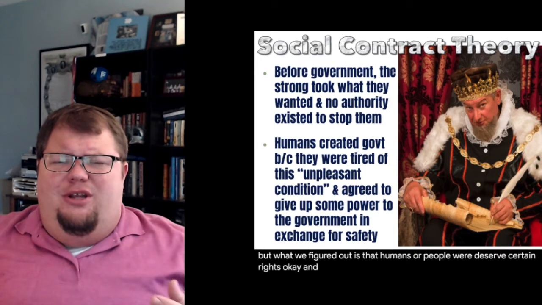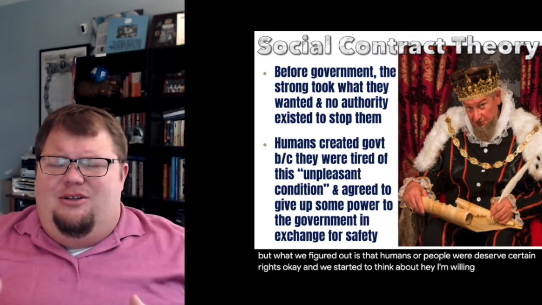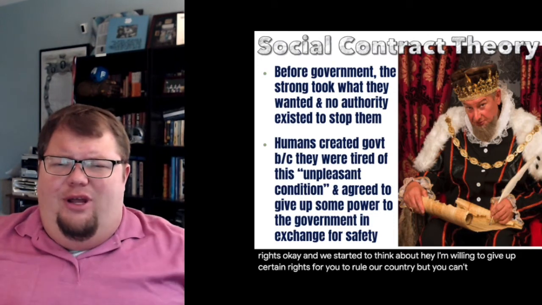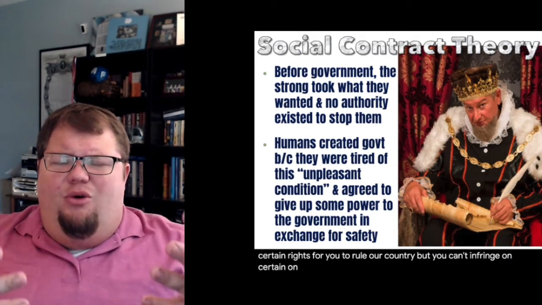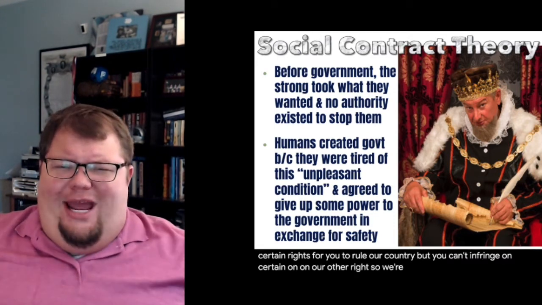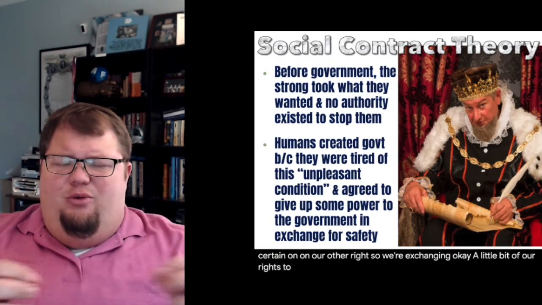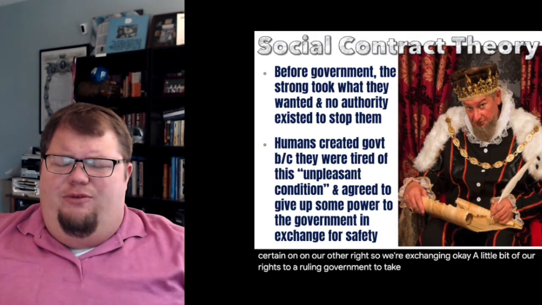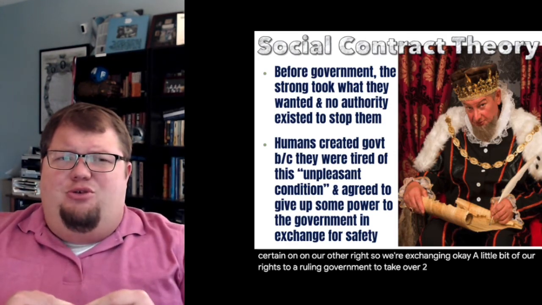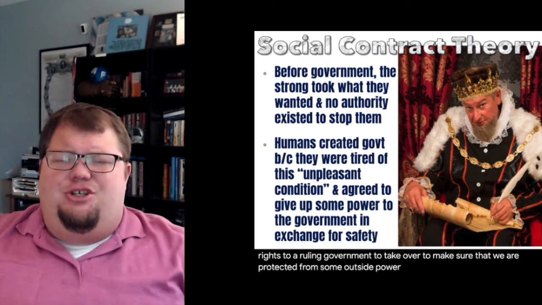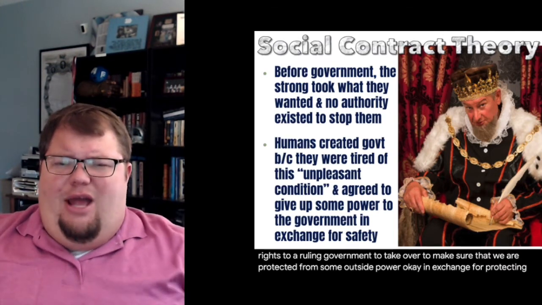And we started to think about, hey, I'm willing to give up certain rights for you to rule our country, but you can't infringe on our other rights. So we're exchanging a little bit of our rights to a ruling government to take over, to make sure that we are protected from some outside power, right, in exchange for protecting our natural rights.